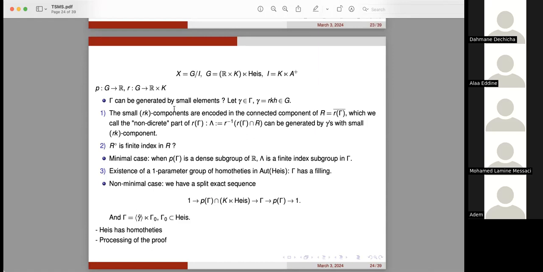I consider P to be the projection to the R factor and R to be the projection into R times K. So can gamma be generated by small elements? Any element gamma in this group can be written RKH, where R is the R component, K is the component in K, and H is the component in Heisenberg.